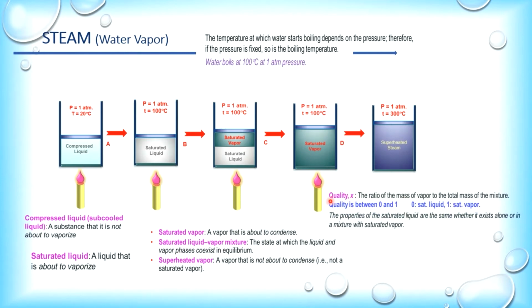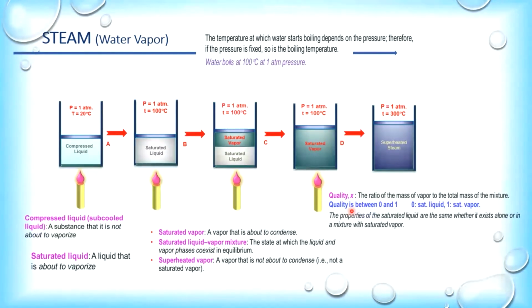Next slide. That is dryness fraction, which we call the quality of the steam. Most of the time nowadays we call it the quality, but previously we called it dryness fraction. It is the ratio of the mass of vapor, the mass of dry steam, to the total mass of the mixture, per kg of mixture.